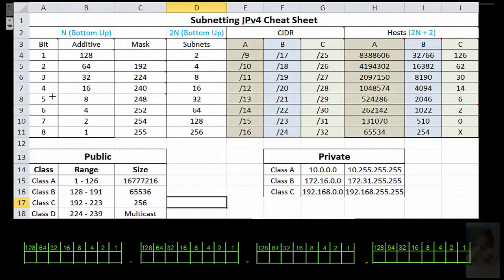This is what I want to do. First off, I'm going to explain how to use this chart in terms of practical subnetting and setting things up. Once we go through a couple of examples, like maybe a class B and a class A, we're going to do the bigger ones. I think C's are pretty easy to get, so we're going to stick up here in the A's and B's.